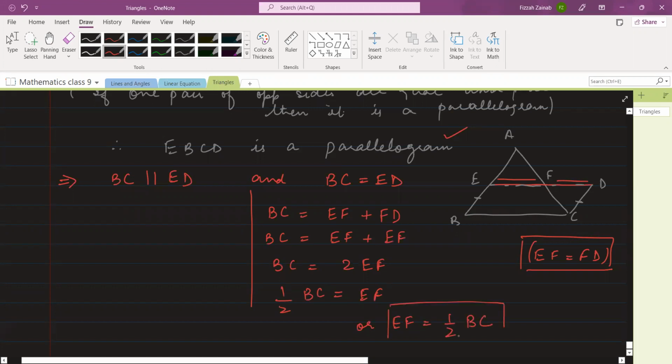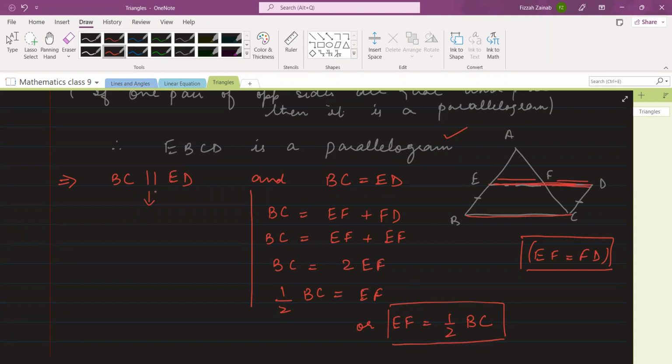So one thing you have already shown is that this line segment is half of the third side of the triangle, correct? Now you look here, BC is parallel to ED. When this side is parallel to this complete side, that means it will be parallel to a part of it also, isn't it?